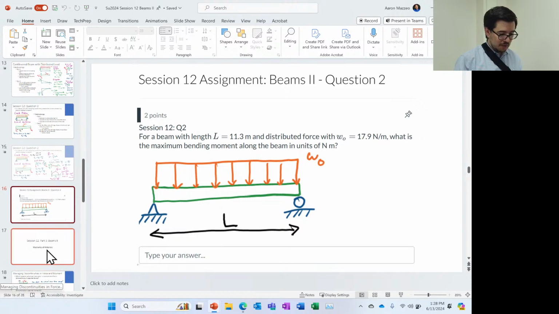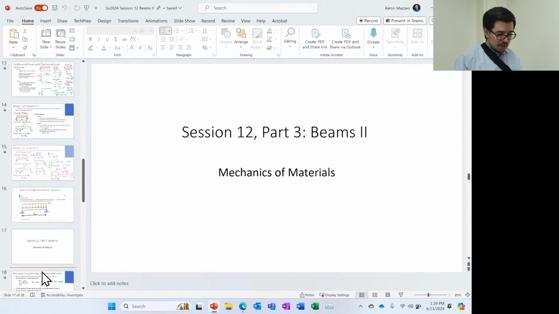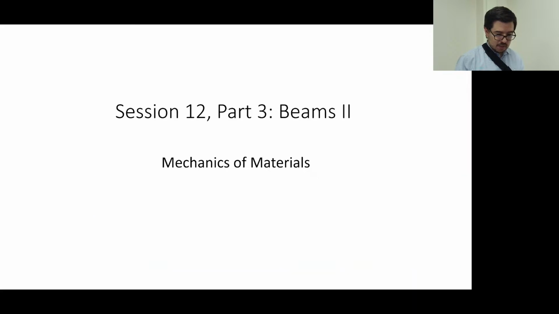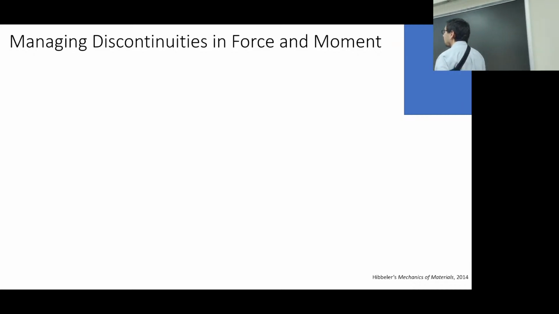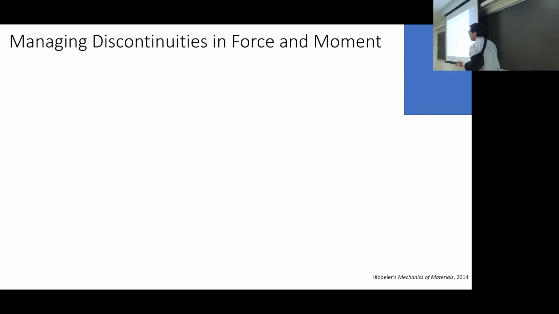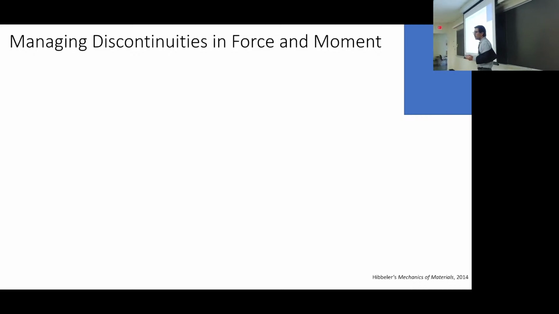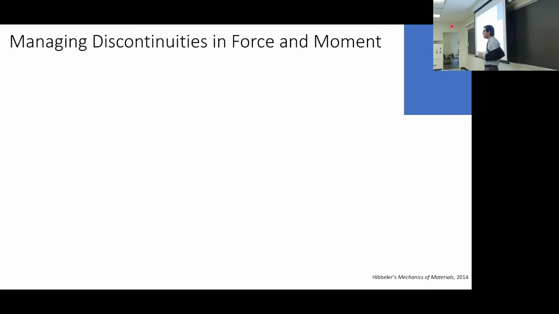What's next? Let's look at the last part, where we review managing discontinuities. What are these two equations based on what we discussed yesterday? Remember the discontinuities. This is where you have concentrated loads.